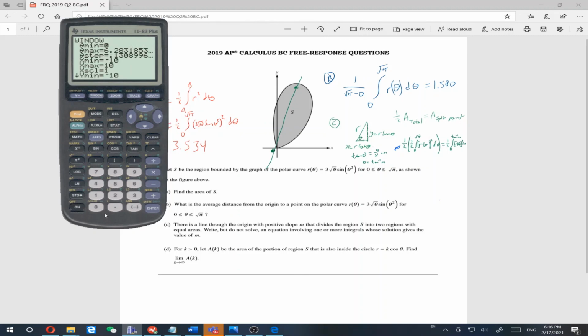Okay, I'm going to change our window to go from 0 until the square root of pi. Okay, and we'll graph that. So we've got our equation here that was in the graph, and our little circle out here. And as we keep building those circles more and more, let me do a zoom box so you can see what's going on.